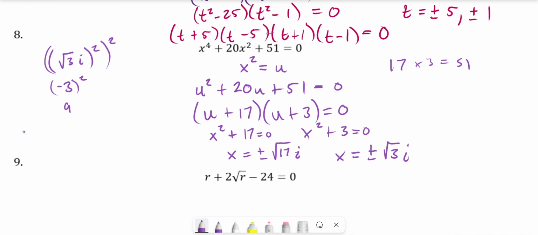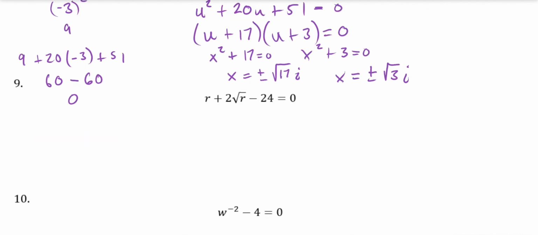This tells me that my equation should be 9 plus 20 times minus 3 plus 51. And we can see here that 9 plus 51 is 60, but 20 times minus 3 is minus 60, and we get our 0. So indeed, when plugging them into this particular equation and following my rules about squaring imaginary numbers, I wind up with a 0.